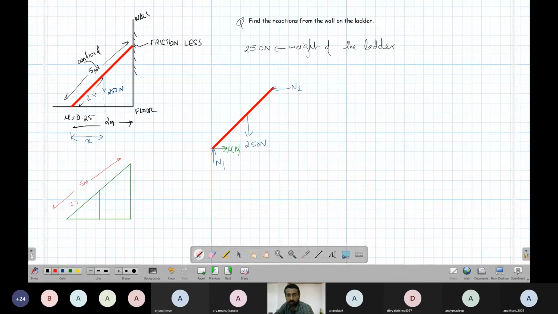This is 2.5 meters. This is 2 meters. How much is this? Sir, trigonometric ratios to find it. Okay, how can we do it? Tell me the ratio. Which ratios can we use?